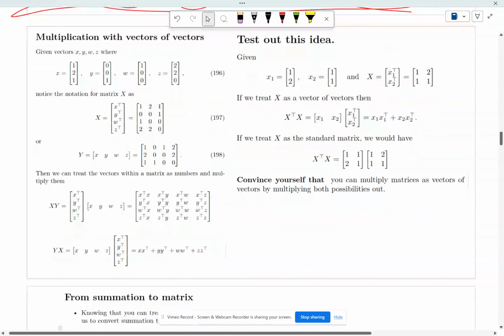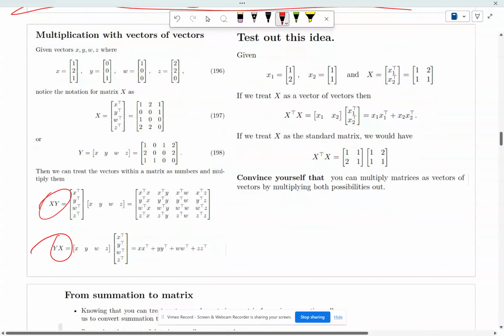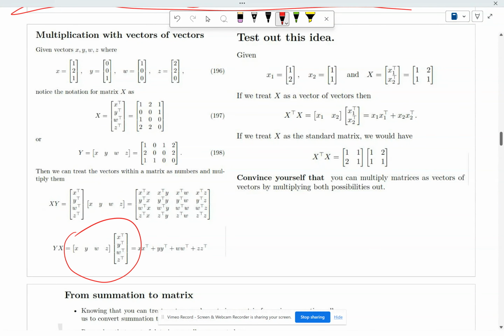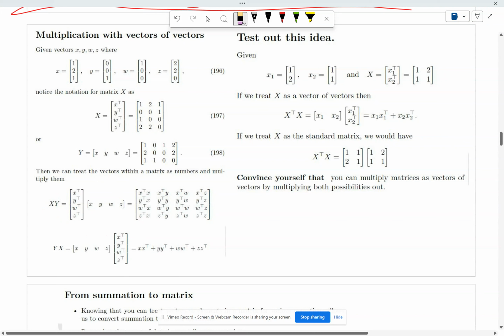Conversely, that was xy. You can also do yx. So now this was the outer product, but now you're performing an inner product. And when you're performing the inner product, the result will end up looking like this. And guess what? This will be equivalent to matrix multiplication.